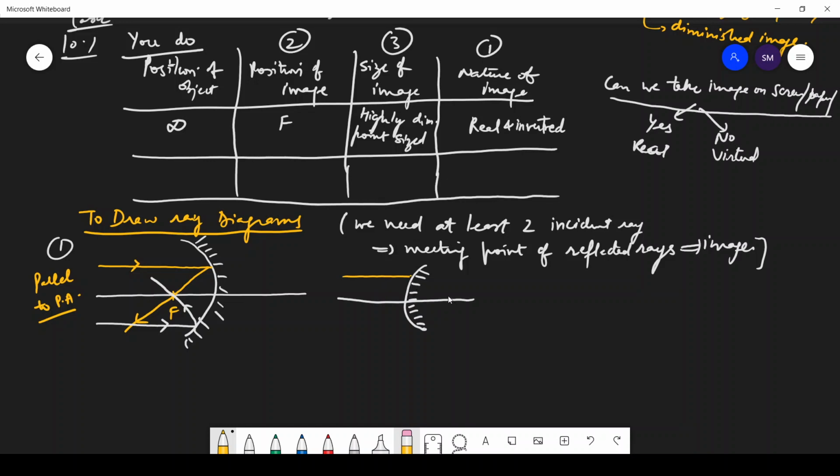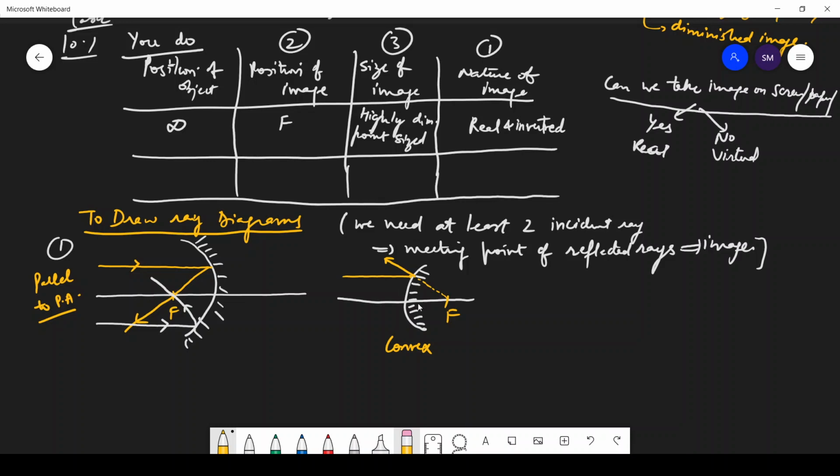But where is your focus? Your focus is behind the convex mirror. So obviously the ray cannot pass through the mirror over here. Now it appears, if you join this line, first of all you need to join this line here and now extend this line. So this will be your reflected ray.